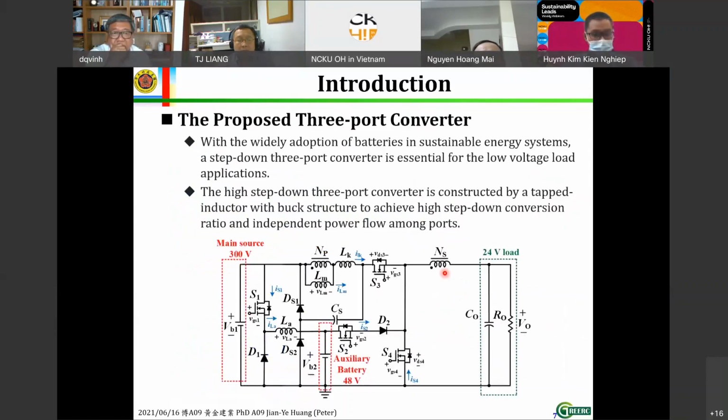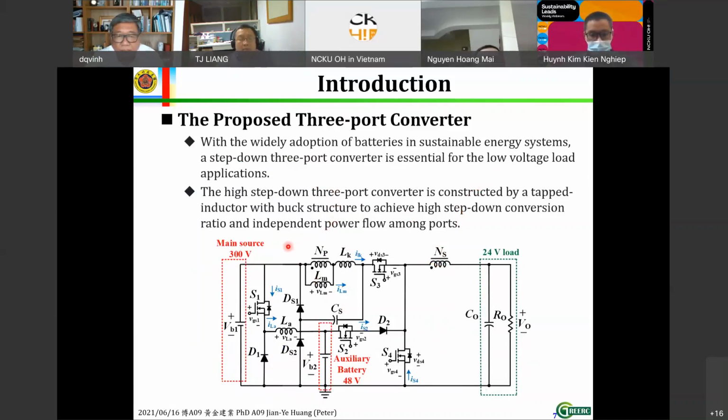So in order to solve the problem, the proposed three-pole converter, which has a step-down non-isolated conversion, shown in this figure, is essential for low voltage applications.